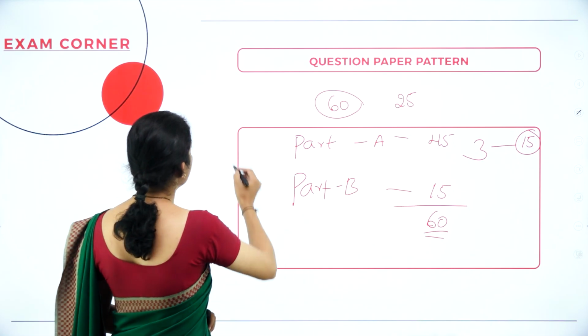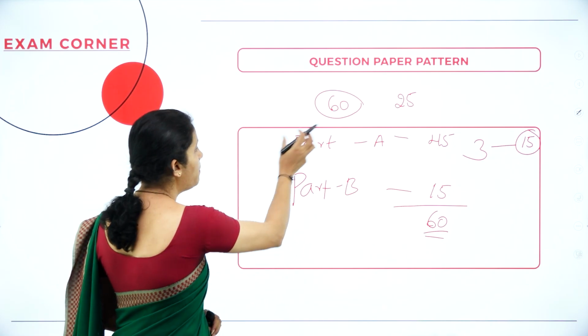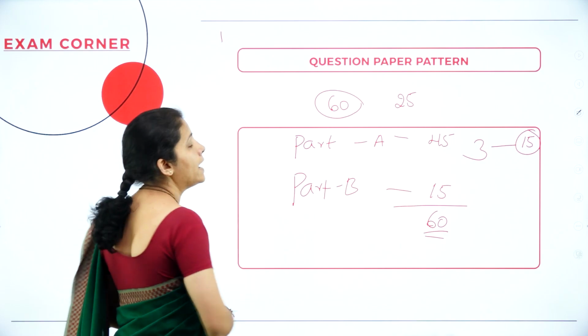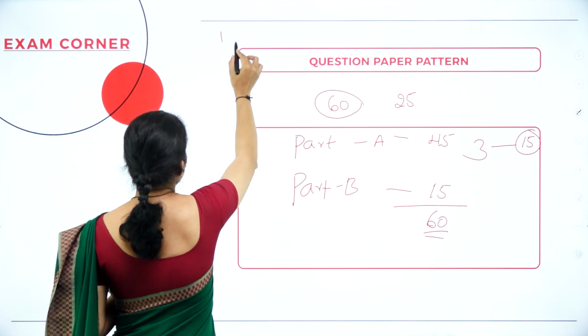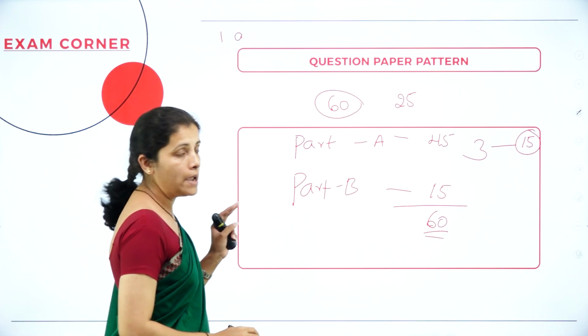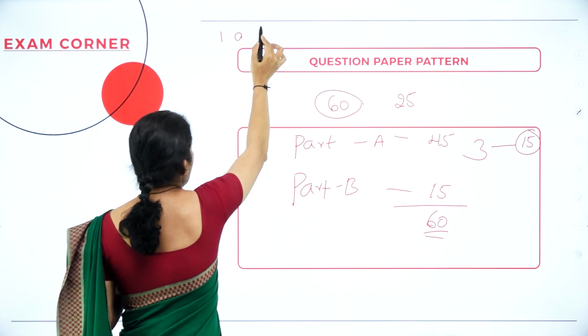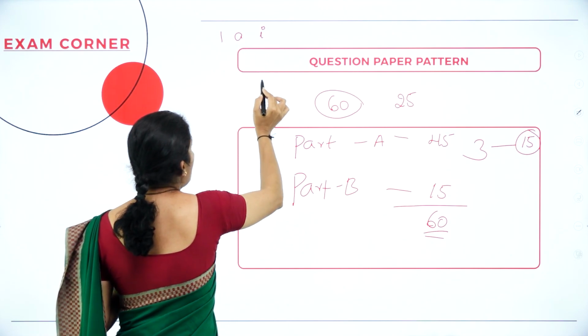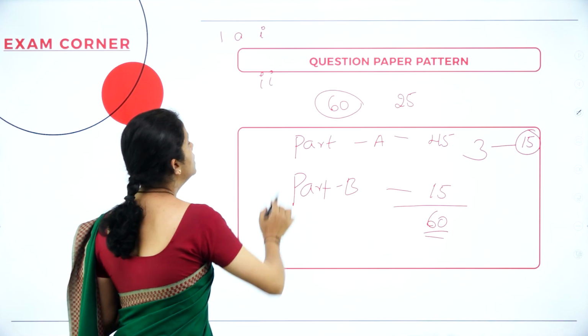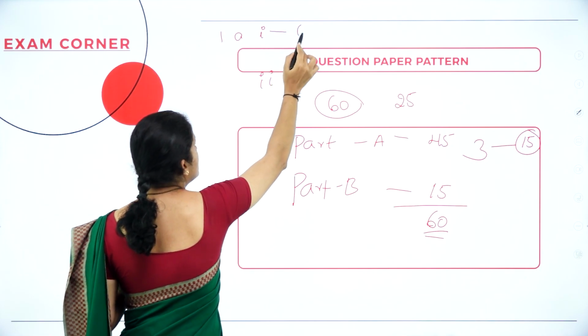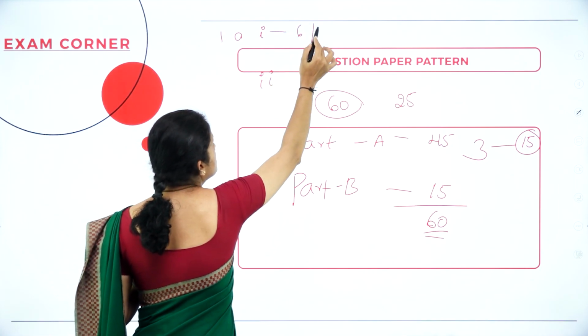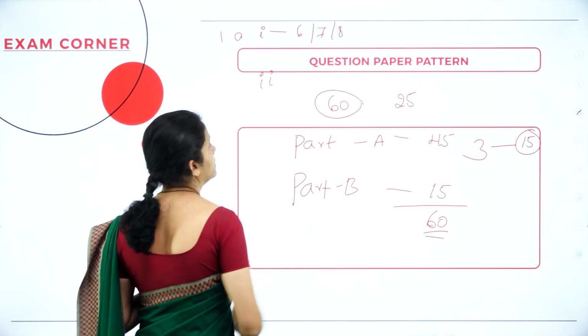So dear student, if I consider questions under part A, think that in A, I have a first question and a second question. So this question is for 6 or 7 or 8 marks.